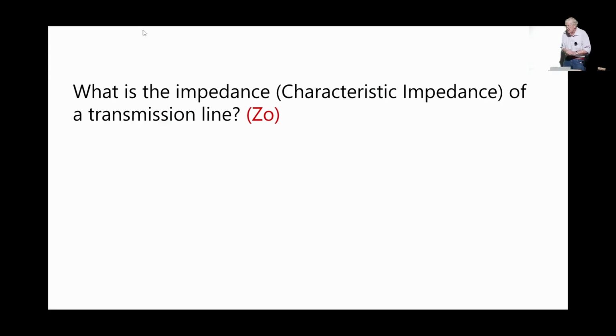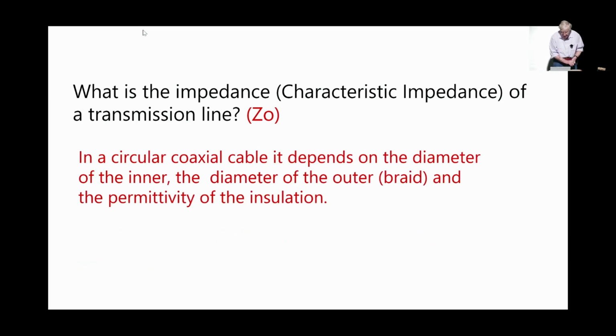But if you get a multimeter, you can't measure what it might be. So it's a thing that we're going to be working with, and in a coaxial cable, it depends on the ratio of the two conductors, of course, and the permittivity of the insulation.